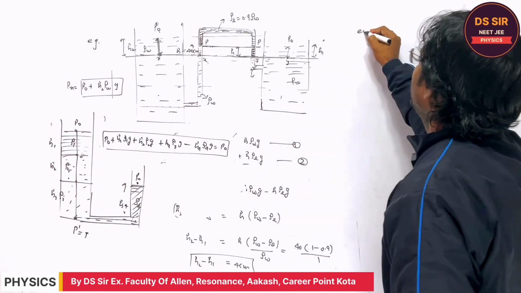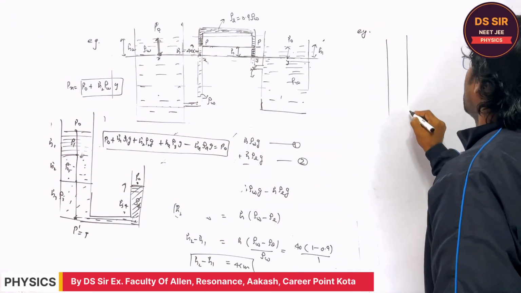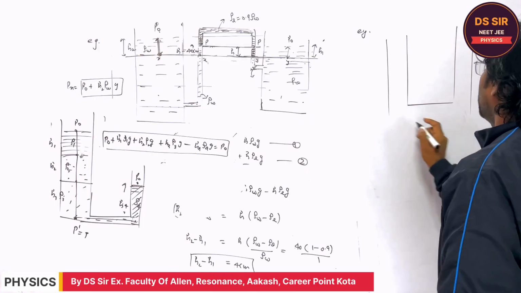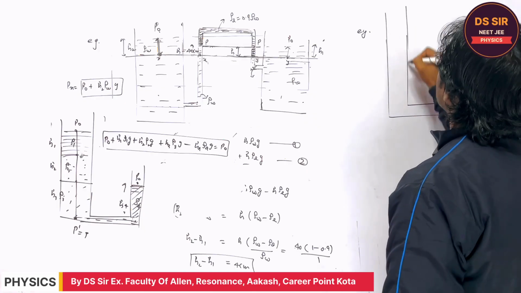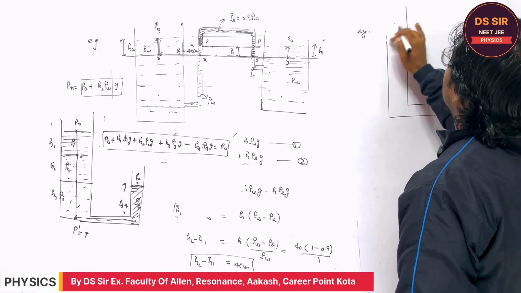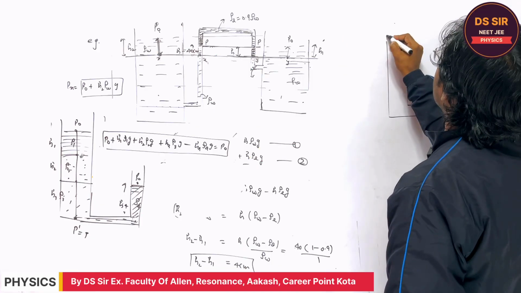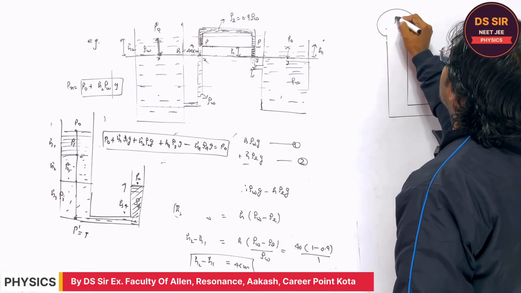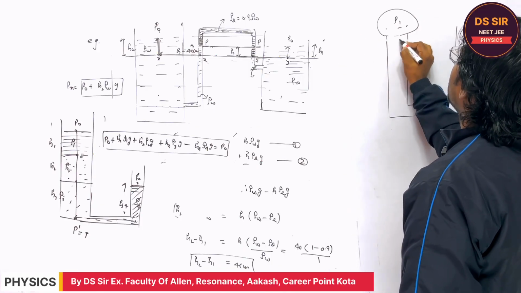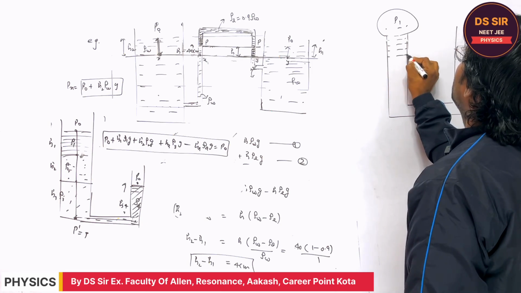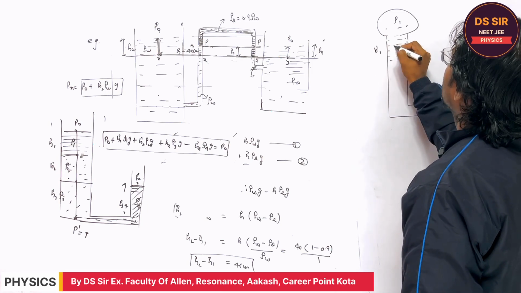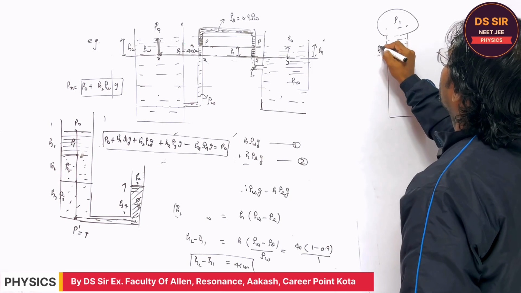For example, I am giving you a good example so that you can understand this concept in a correct way. Suppose here this is the gas chamber. It is connected to the gas chamber. The pressure here is P1. Now this is one liquid of H1 rho 1. Fine.